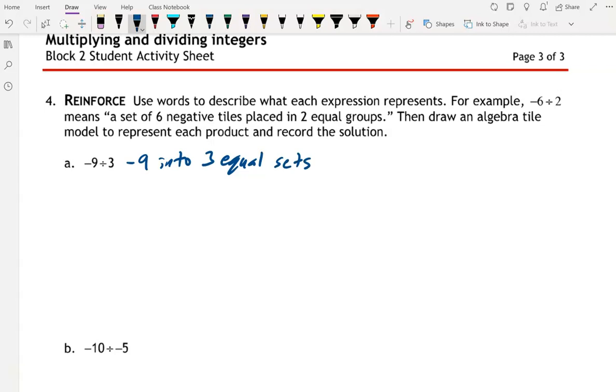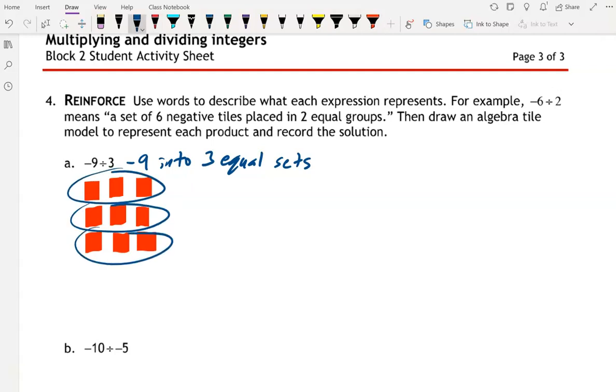So that's -9, and we're going to divide it into 3 equal sets. 4, 5, 6, 7, 8, 9. That's -9 into 3 equal sets. And how much is in each set? That's correct. There are 3 negatives in each set. -3 in each set.